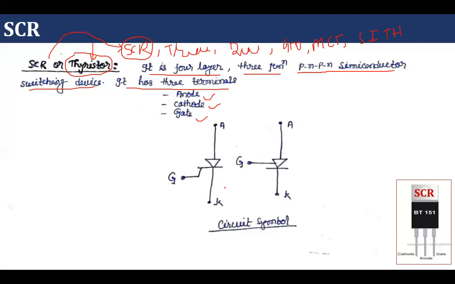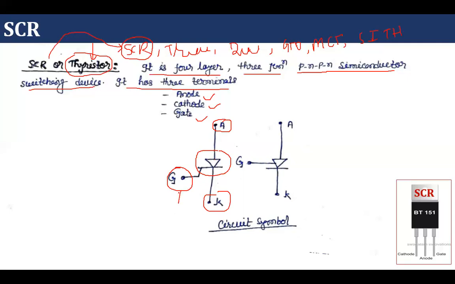This is the symbolic representation. Up to this point, the symbol is exactly the same as in the case of the diode, with terminals named anode and cathode. It has one extra terminal, known as gate, and that differentiates this device from the diode.